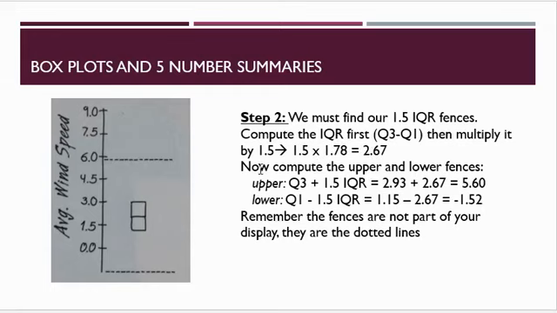You now need to compute 2 fences, the upper fence and the lower fence. Your fences are not a part of your display, so you're just going to write them as dotted lines. So your upper fence is 5.67 or 5.60, and your lower is negative 1.52. So you have your upper and then you have your lower. Remember, again, they are not a part of your display.